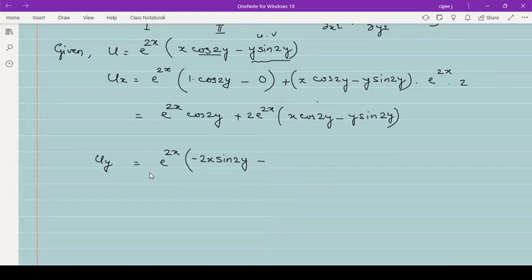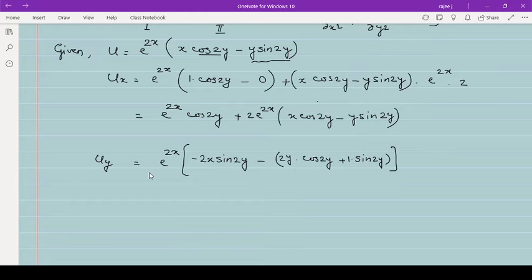I will write y into, first into derivative of second: the derivative of sin 2y is cos 2y into the derivative of 2y, which is 2. Plus second function, sin 2y, into the derivative of y, which is 1.